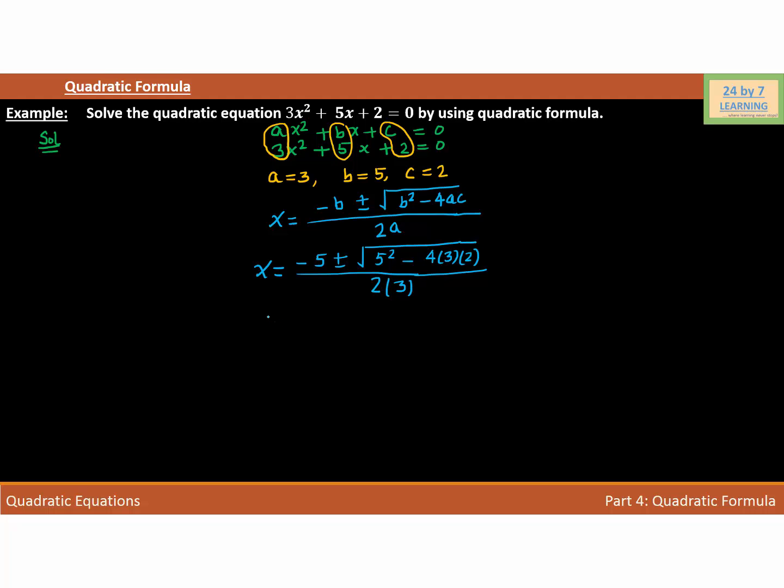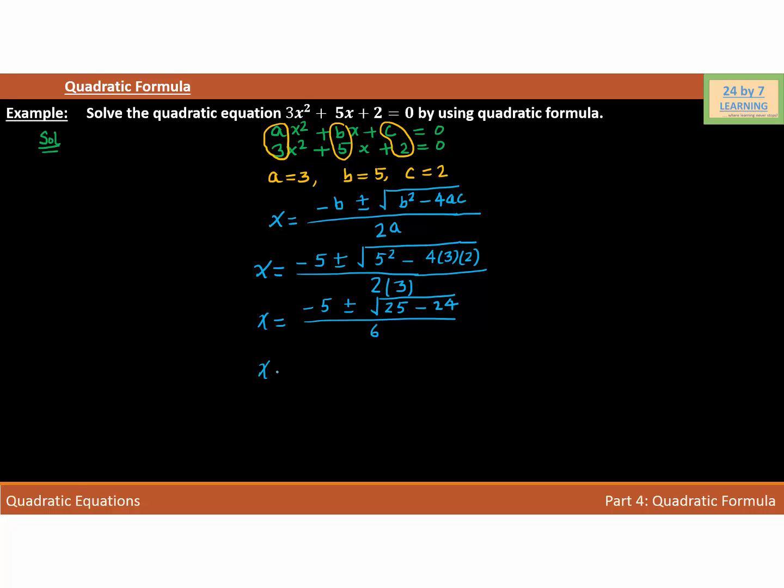Now let's further simplify. If I do that, I will write x is equal to minus 5 plus minus square root of 5 squared, which is 25, minus 4 times 3 is 12, and 12 times 2 is 24, so I will write minus 24 over 2 times 3 is 6.